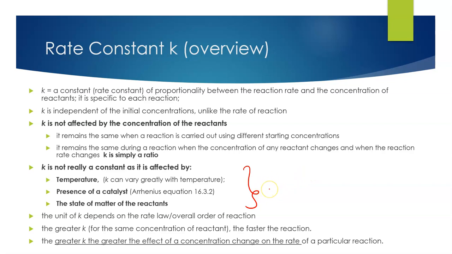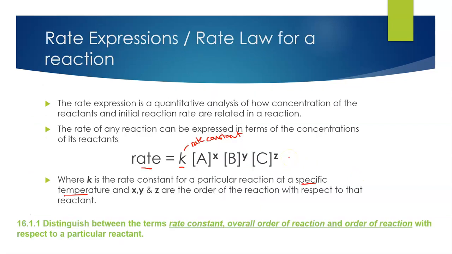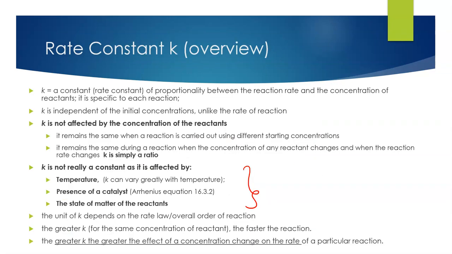All of these things will affect the collision frequency and the energy in the system, and that will affect k. So the unit of k changes dependent on the overall rate law, so dependent on this expression that we get here, which is our rate law, the units will change, much like the units of equilibrium change.